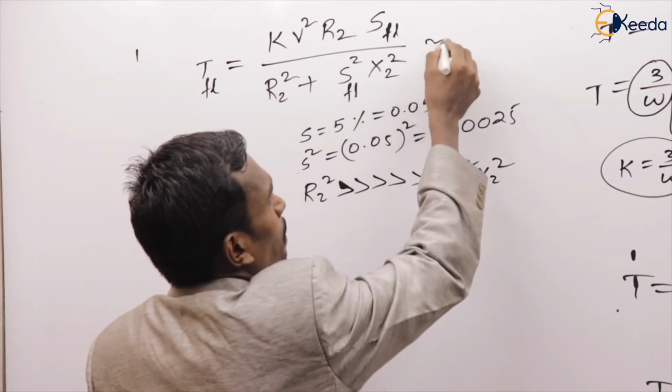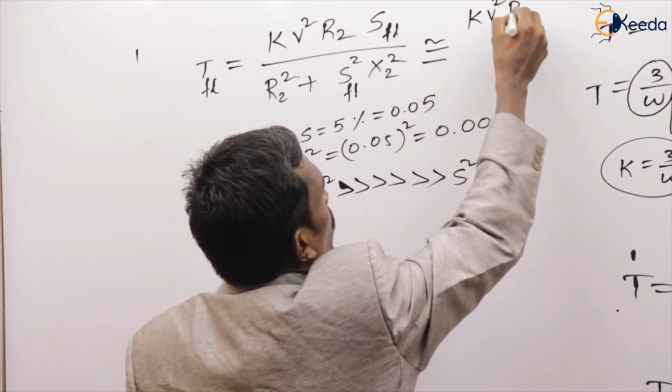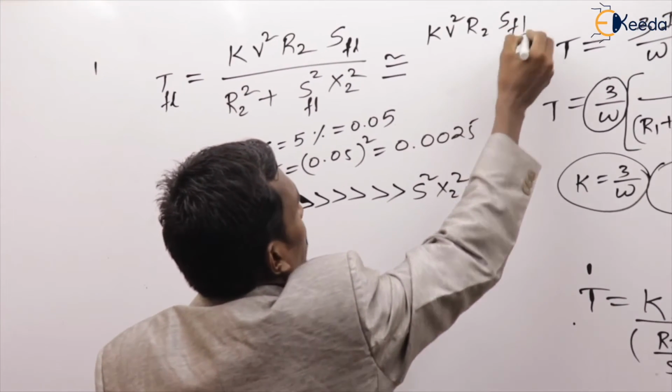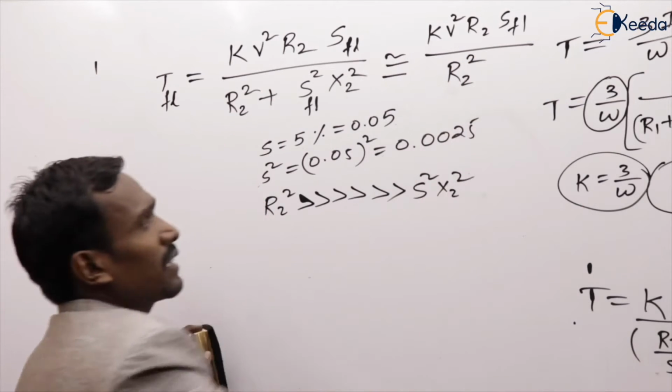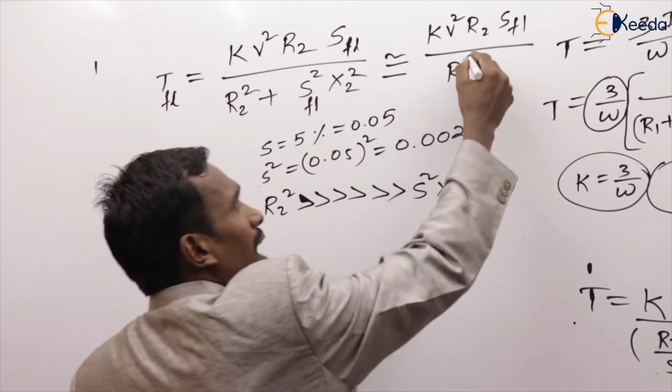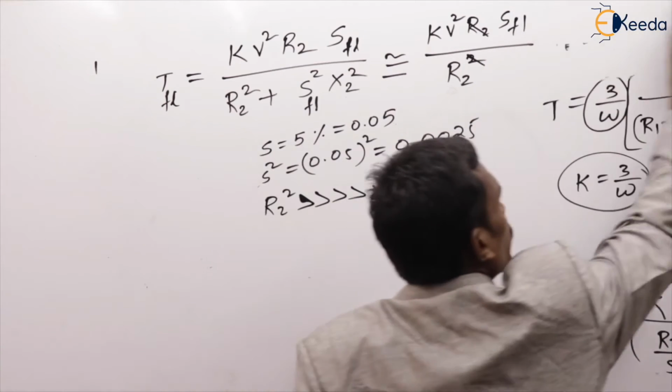Now tell me what is the approximated value? The approximated value is K V square into R2 into slip at full load, divided by R2 square. This square and R2 get cancelled out.